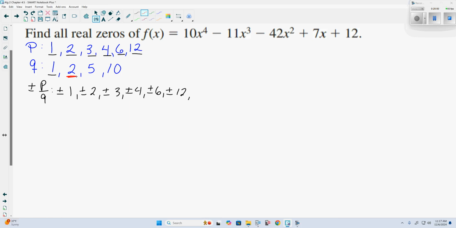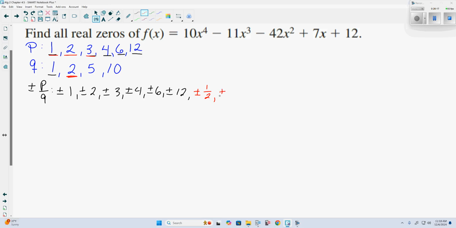And once I finish with that, I move on to 2. So we're going to do 1 divided by 2, which is plus or minus 1/2. It doesn't reduce. Our next one would be 2 divided by 2. Well, that does reduce. 2 divided by 2 is 1. Is it listed? Yeah, we already have 1 listed, so we're not going to list it again. Move on to 3 divided by 2.